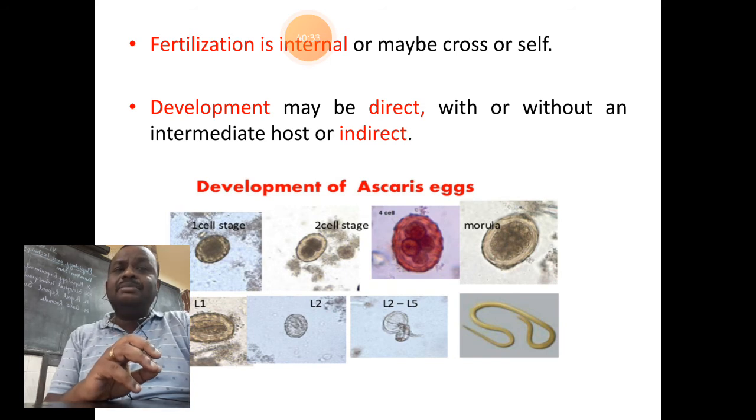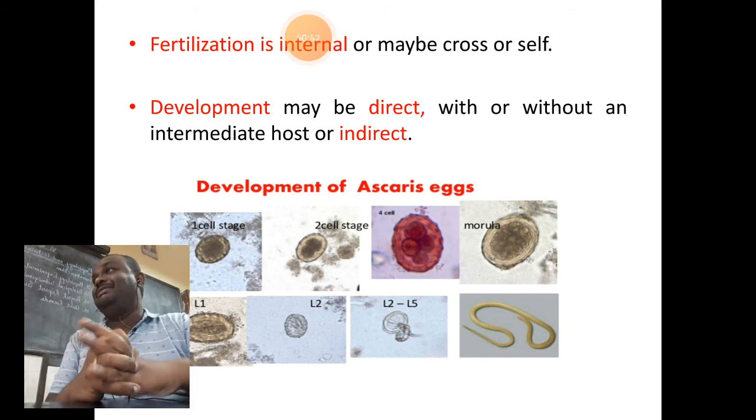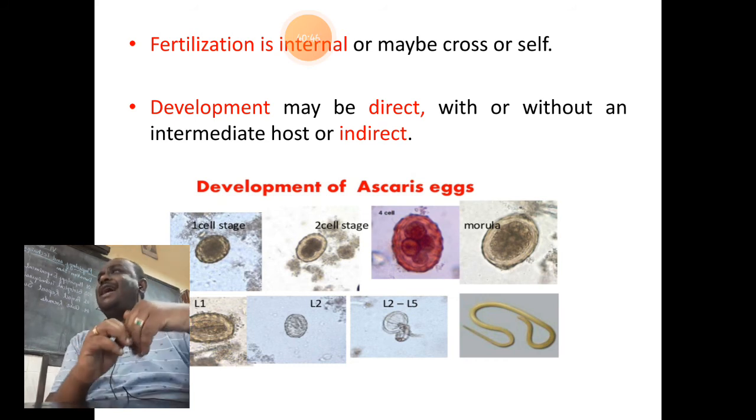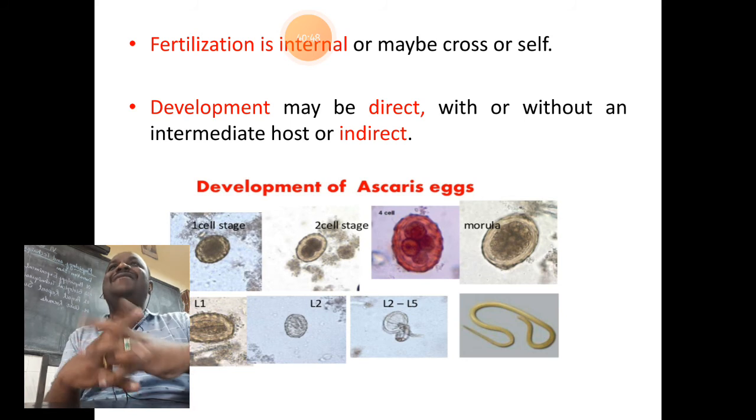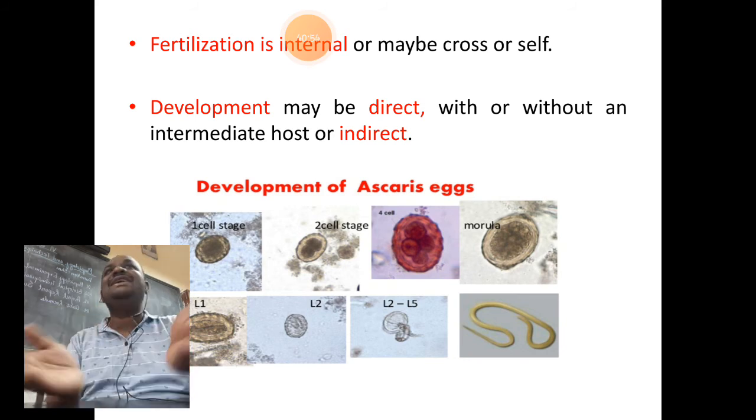Here, the terms self and cross-fertilization are related to the organisms of Caenorhabditis elegans. Okay, in the case of that animal, we have organisms of hermaphroditic condition existing. I mean to say, male and female reproductive organs, or gonads, are present in the same animal.